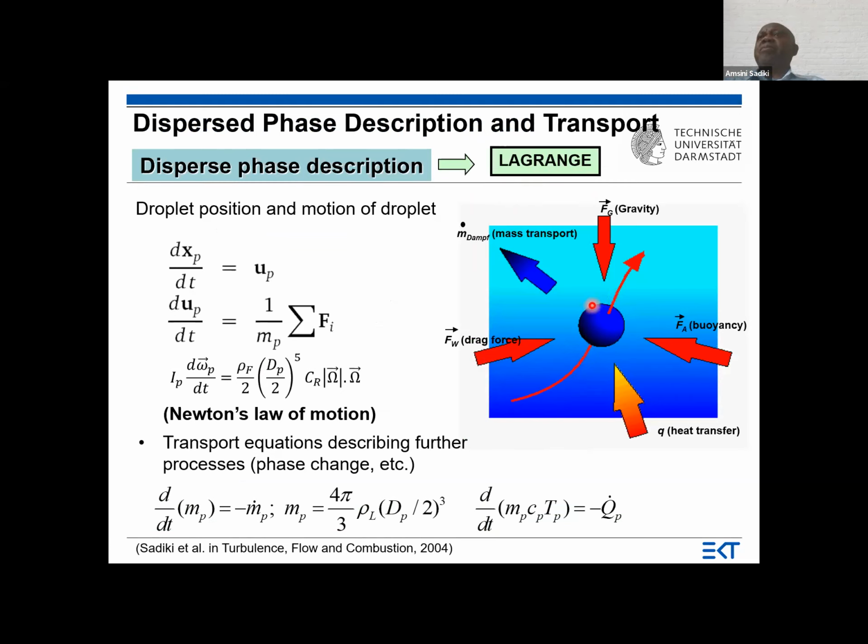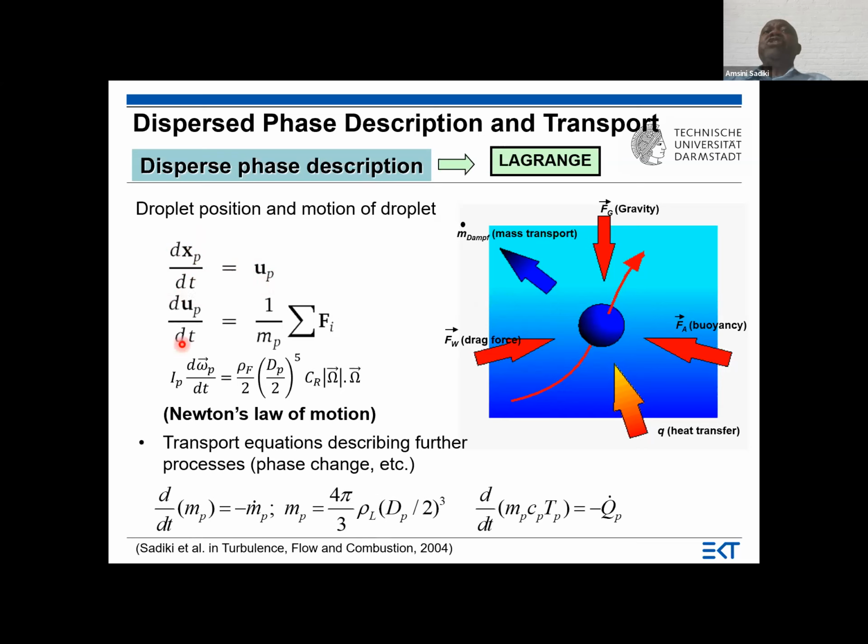If we focus on the Lagrangian description, this means that we will follow the trajectory of our particle. And for that, we need the position of the particle, and we need also the velocity of the particle. So the position of the particle is given by this equation here. This is the position of the particle; derived by time, we obtain the velocity.